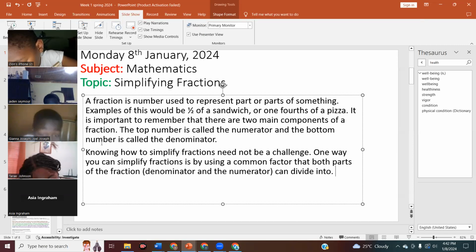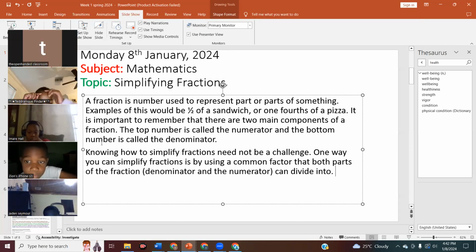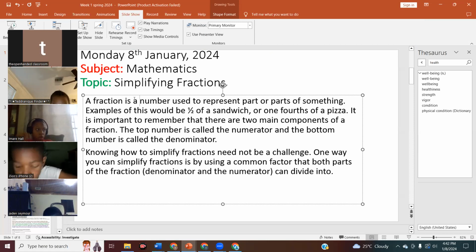Katrina, can you read the two paragraphs that we have? Yes, sir. A fraction is a number used to represent part or parts of something. Examples of this would be 1/2 of a sandwich or 1/4 of a pizza. It is important to remember that there are two main components of a fraction.